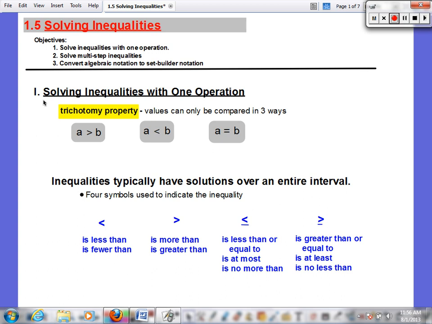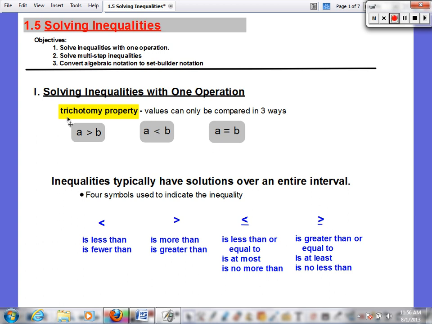So let's first off solve inequalities with one operation. Now, there's a property here. You don't need to memorize this as much as the other properties. It's almost a common sense property, the trichotomy property, with tri meaning three. It simply means that numbers, when you compare them, fall into one of three categories.